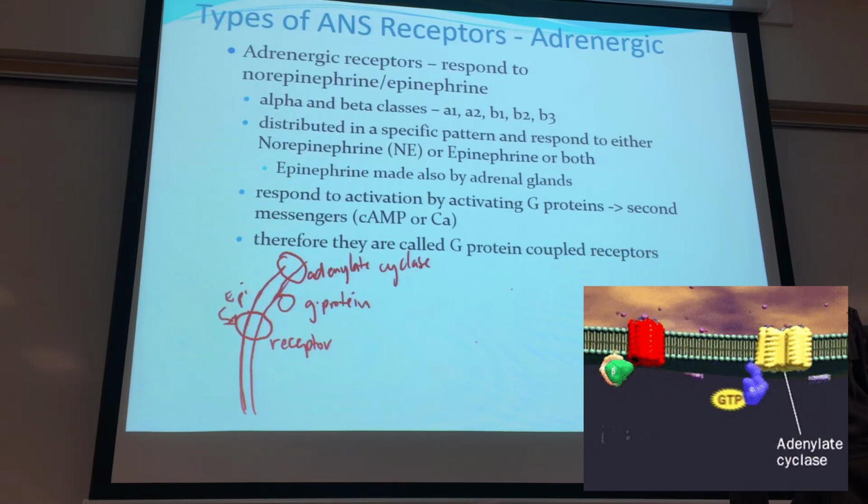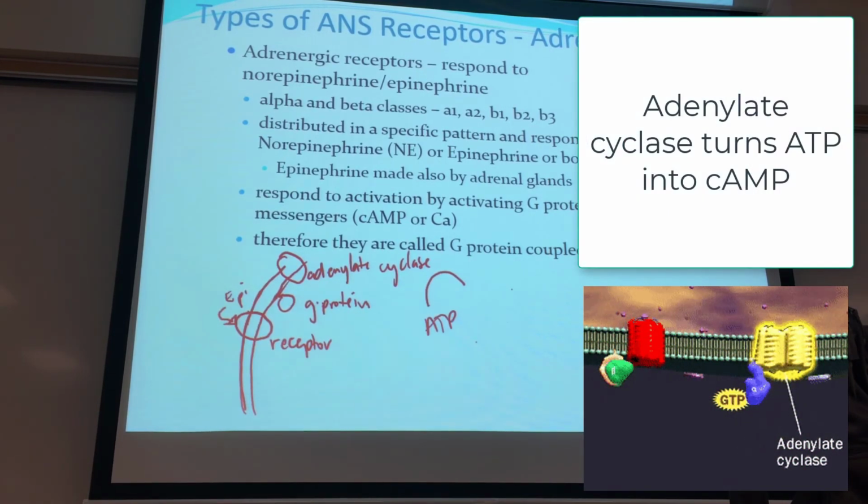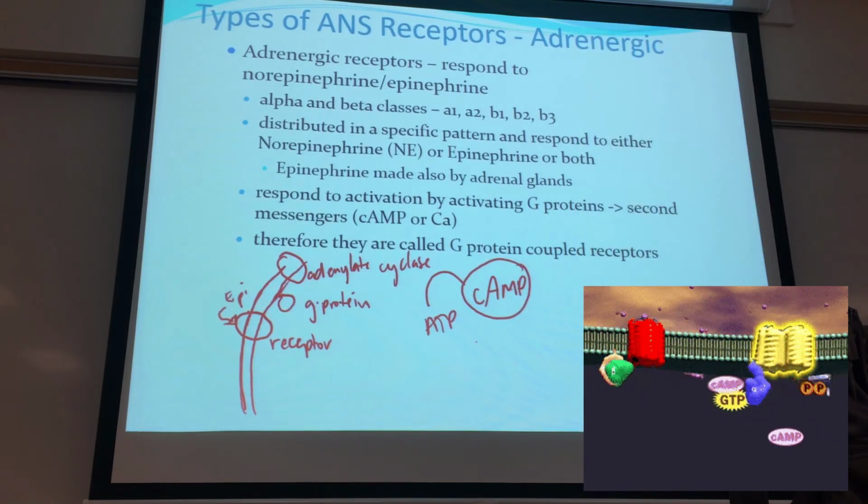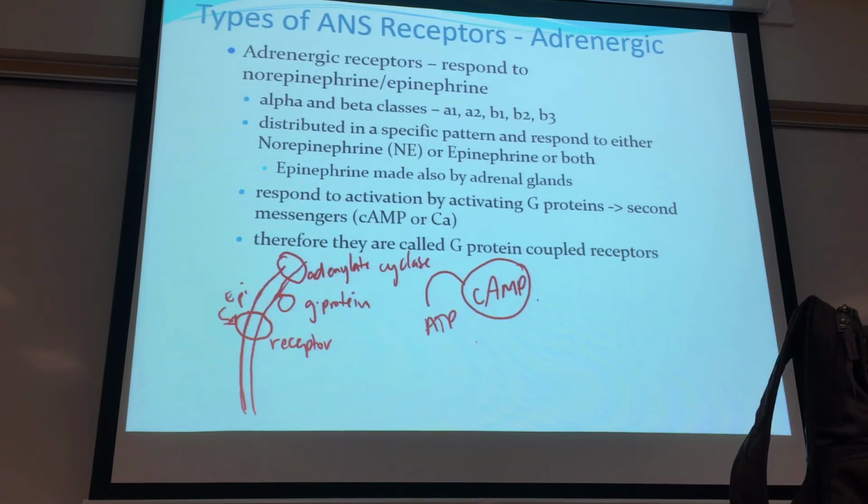And adenylate cyclase, when turned on by the G proteins after binding to epinephrine, will turn ATP into cyclic AMP. And the cyclic AMP is going to be this internal signal that's going to have some direct effect on the cell itself.